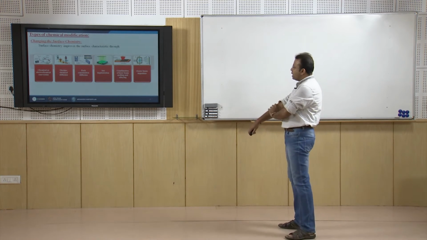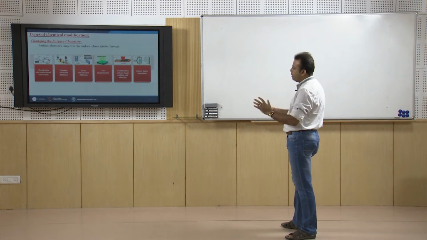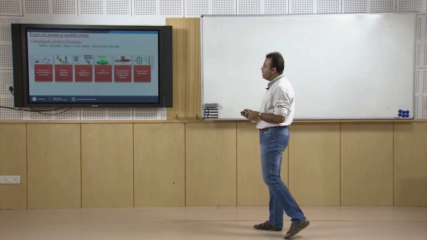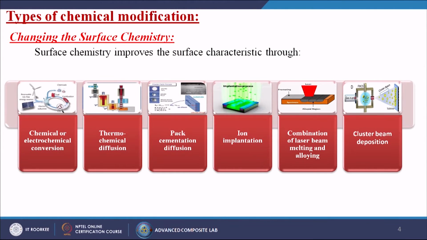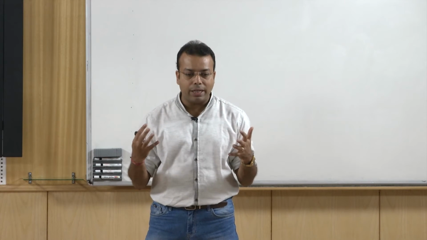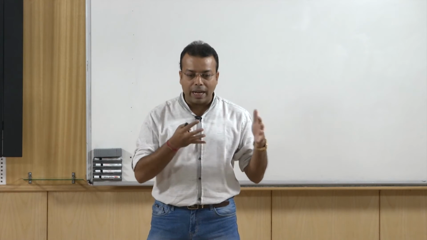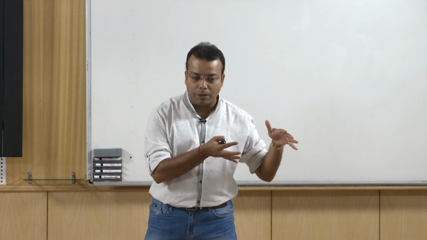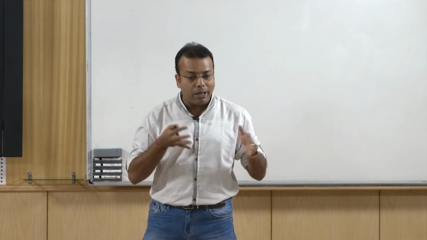What are the types of chemical modifications? Changing the surface chemistry improves the surface characteristics. There are several methods which we can adopt depending upon our requirement. Suppose I need a material which can react with these materials, or which can be inert to these materials.